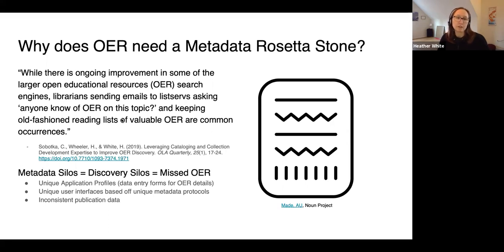Different OER databases or repositories have different application profiles, which are the data entry forms for OER. There are unique user interfaces based off of unique metadata protocols, and there's inconsistent publication data. And the publication data is what turns into metadata to search.